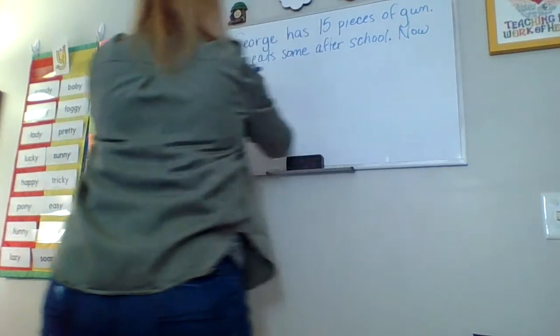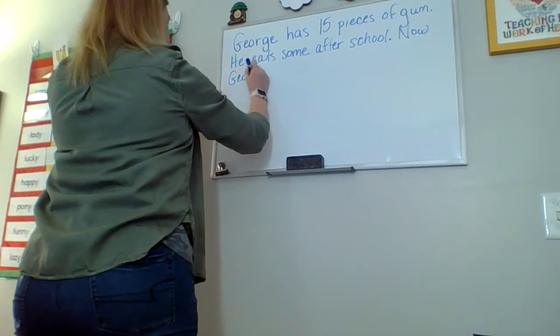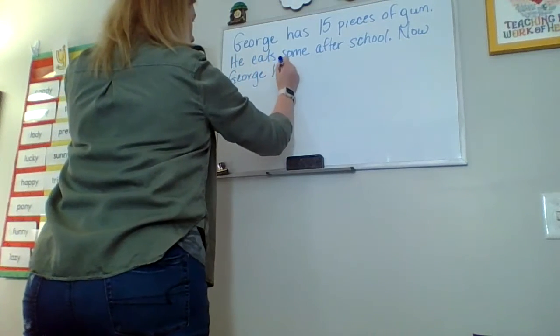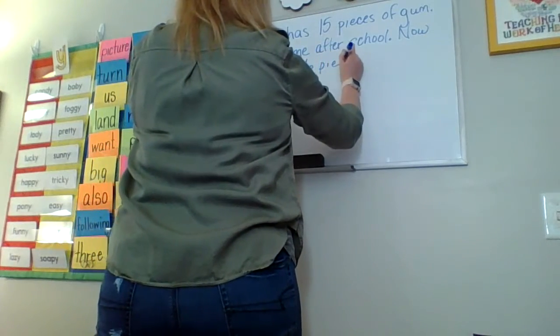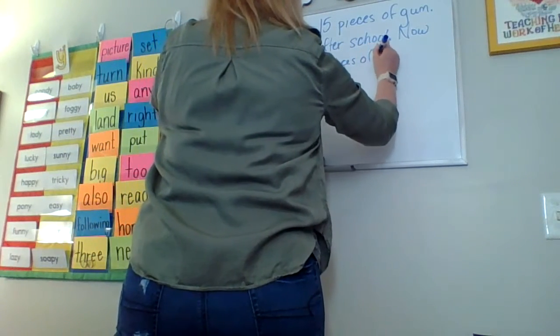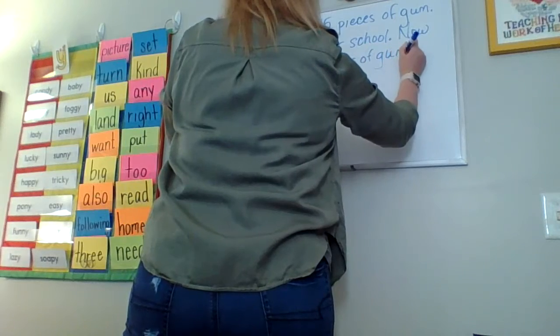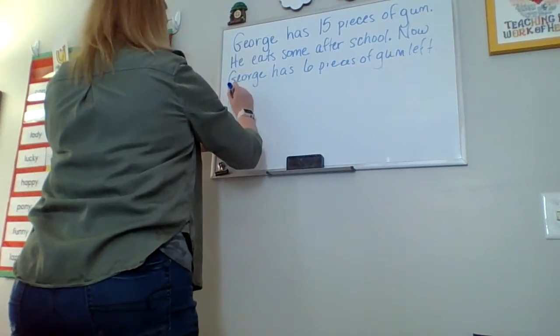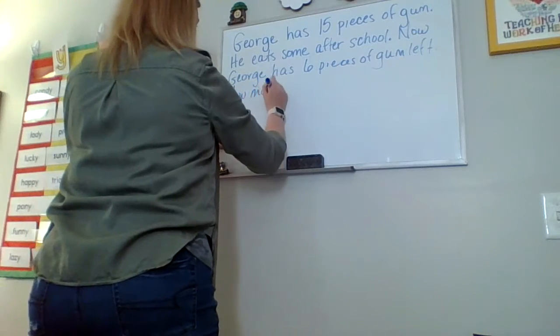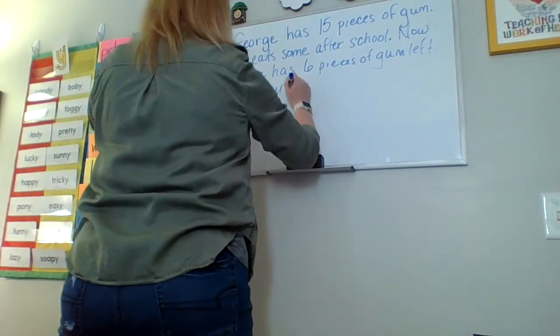Now, George has 6 pieces of gum left. How many pieces of gum did George eat after school?